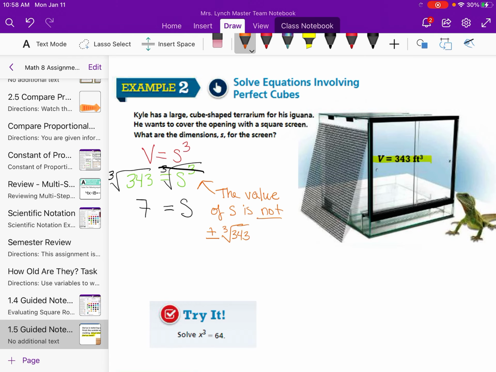We're not using the plus or minus for this problem because if you take negative 7 and cube it, it's not going to give you back 343, just like the other problem. Negative times negative times negative means your answer would be negative. Let me box that in for us. So anytime you're doing a perfect cube, you don't have to worry about the plus or minus, because the negative answer is never going to be a possible solution.